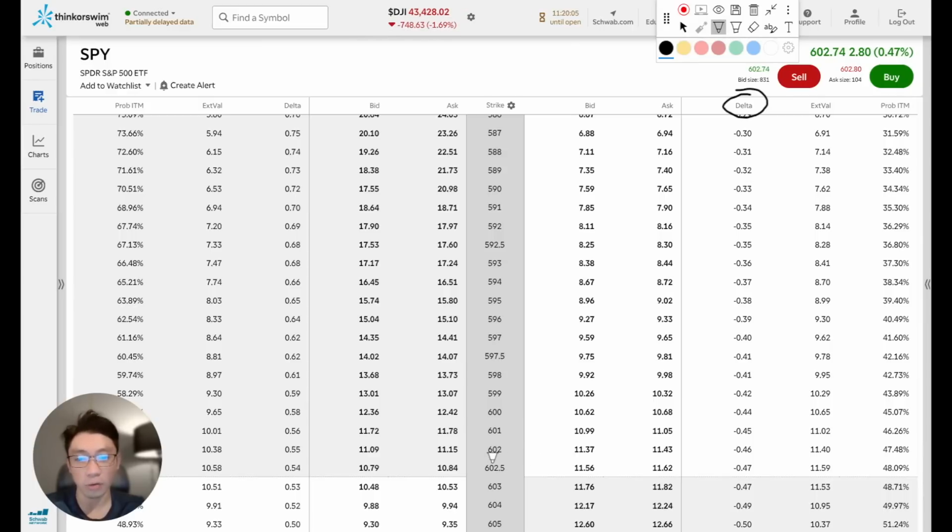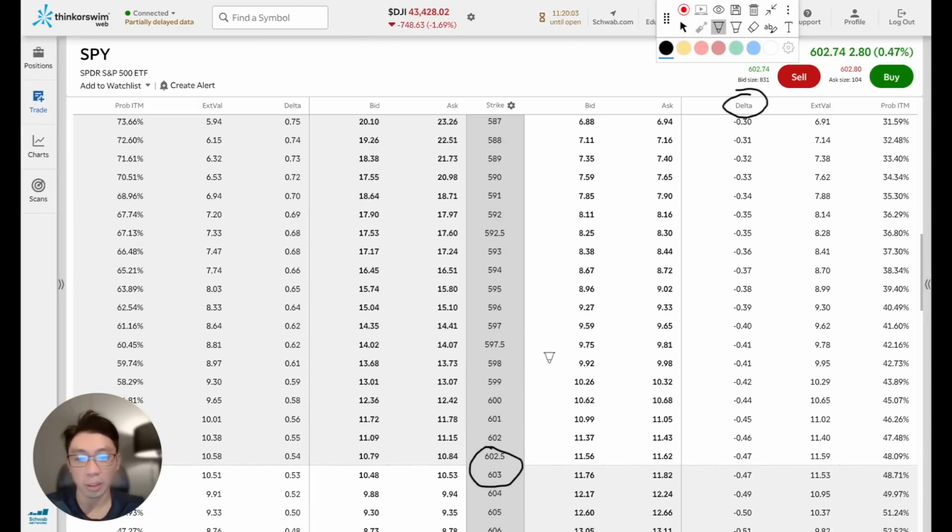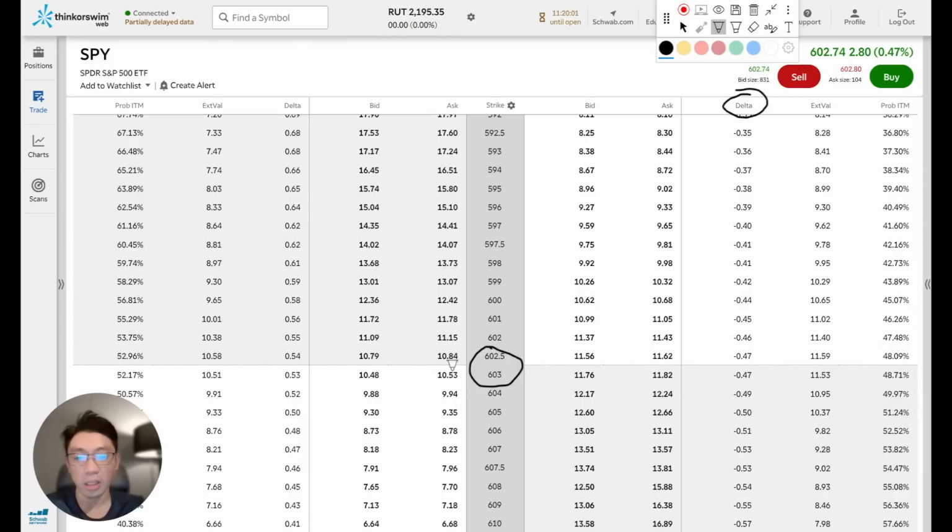Let me scroll down a little bit further. This price down here tells you where the current market price is. At least as of this recording, the current market price is around 602.74. That is why there is a line over here. For the put side, anything that is below the current market price is considered out of the money.